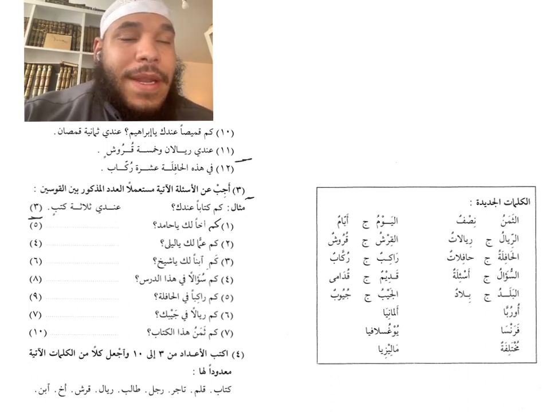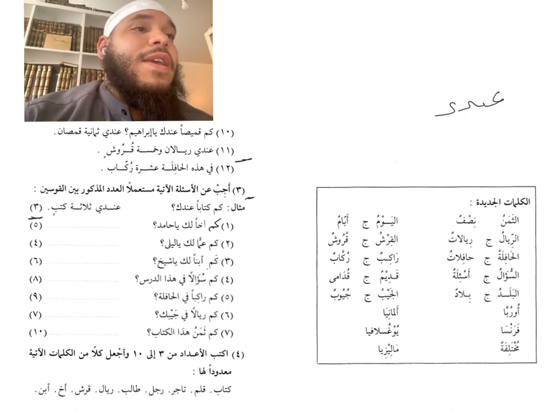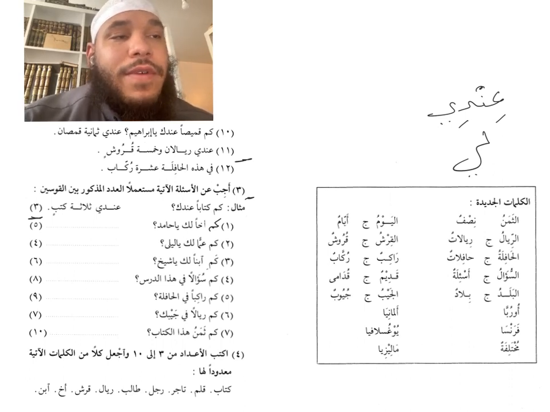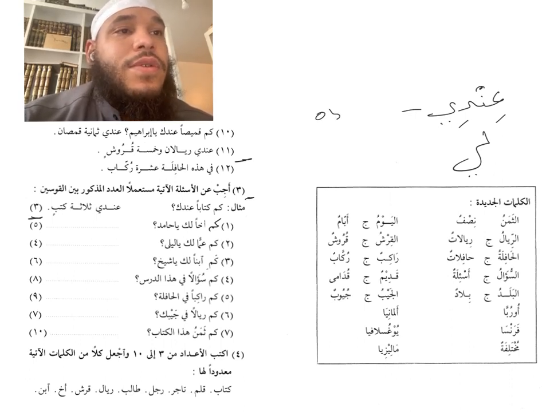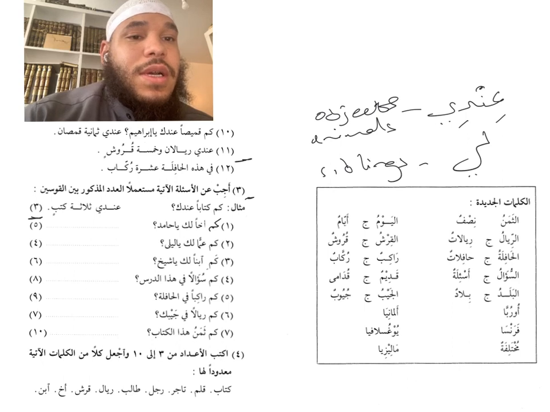But what I want you to pay attention to is when you're going to use عندي and li. They both mean I have. As I mentioned, عندي is for objects and animals, and li is more for siblings, inshallah ta'ala.